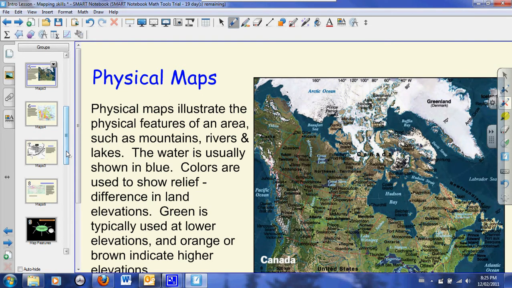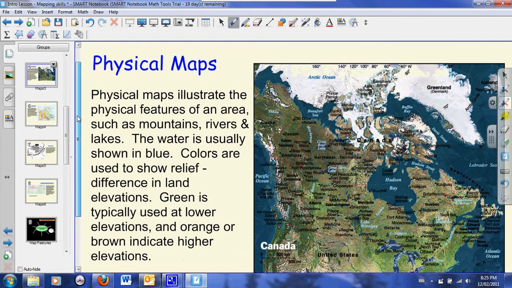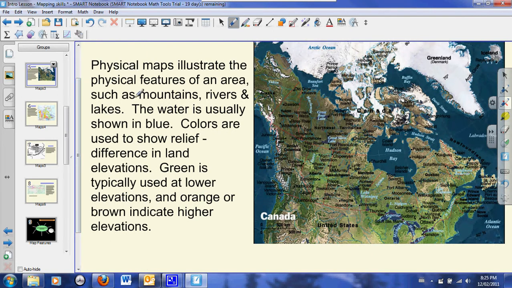Now, physical maps is another type, and basically they show things such as mountains, rivers, and lakes. Blue, of course, is water. Green is for lower elevations, such as close to sea level.